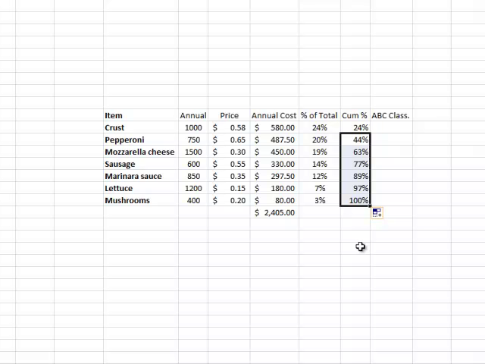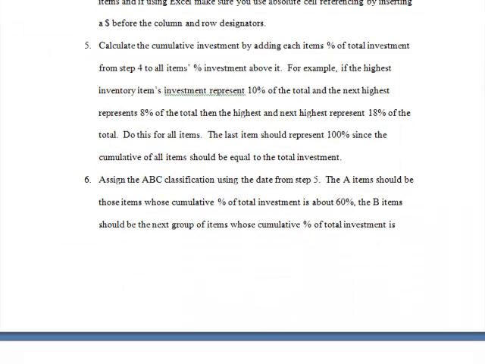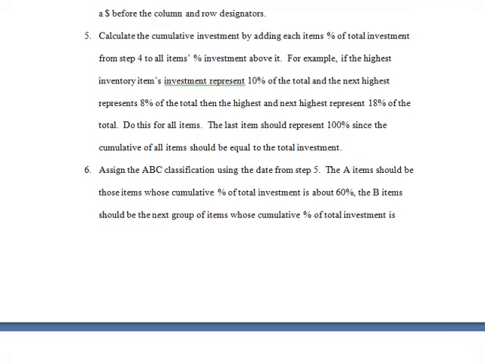So the last step, step number 6, is to assign the ABC classification for each individual item. The A items are those items whose cumulative percent is around 60%, but it doesn't necessarily have to be 60%.